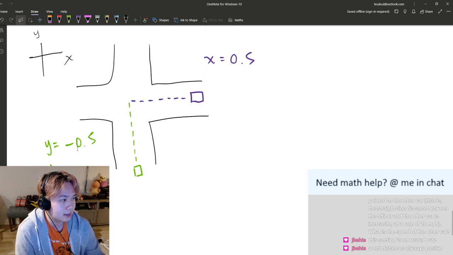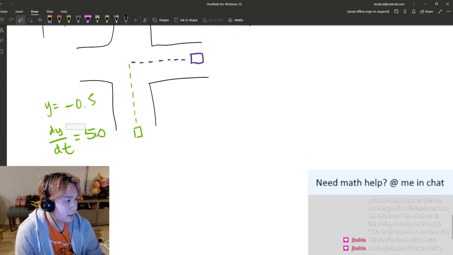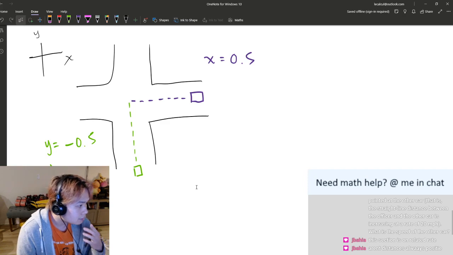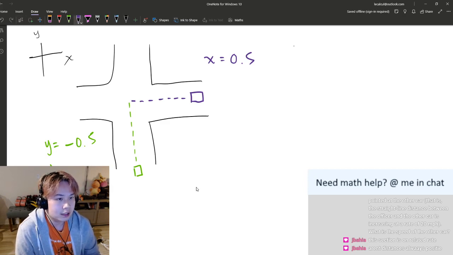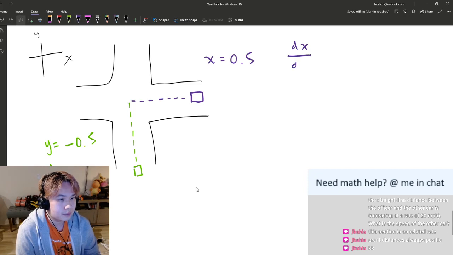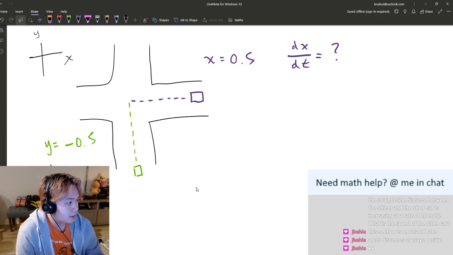You need to start saying negatives and positives. 50 needs a direction. It's a rate of change. Is he going 50 north or 50 south? So you need positives and negatives. And then this person is driving east at an unknown speed, so we don't know this derivative.